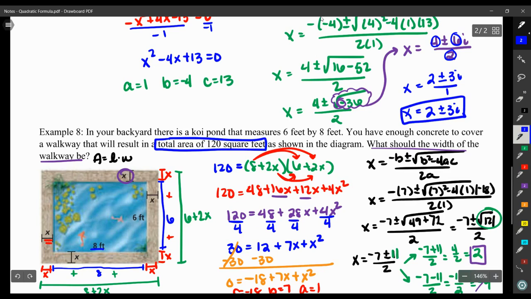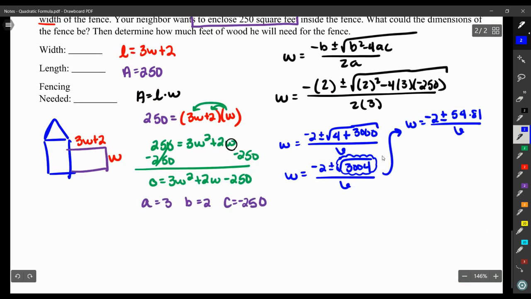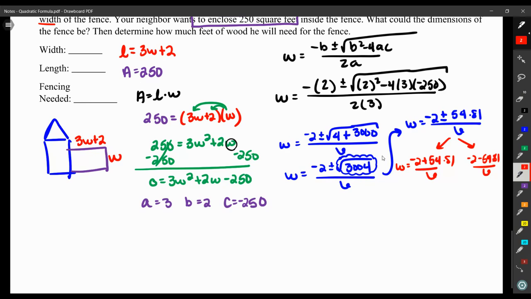Now, because we are using actual real world, we are going to split this up and find the 2 sides of my answer. So we could have a width of negative 2 plus 54.81 over 6, or we could have a width of negative 2 minus 54.81 over 6. So on the plus side, negative 2 plus 54.81 is 52.81, and divide that out by 6, and we end up with a width of 8.802.